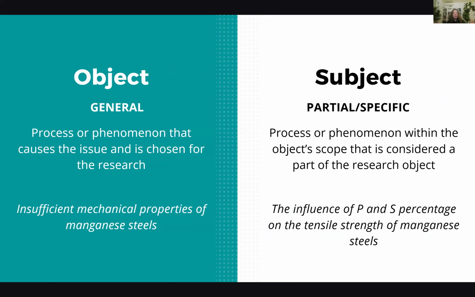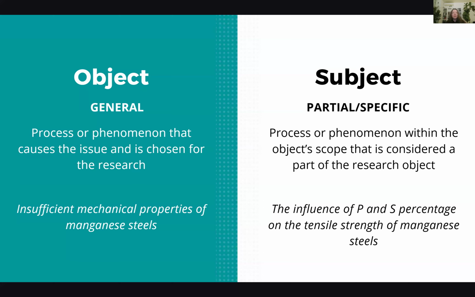For example, if Dennis wants to study high entropy alloys, it's probably because some castings made of traditional steels or cast irons don't have sufficient properties. So the object could be those insufficient mechanical properties of manganese steels or cast iron or any other alloy.